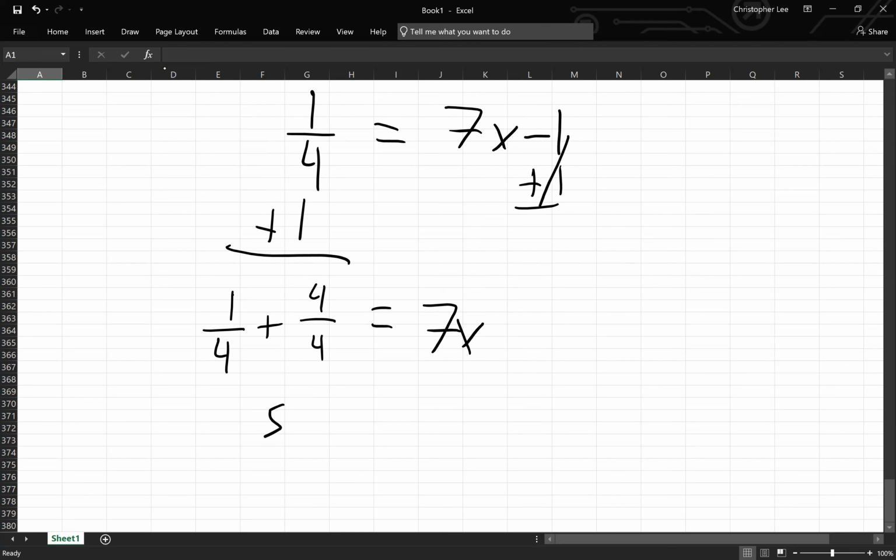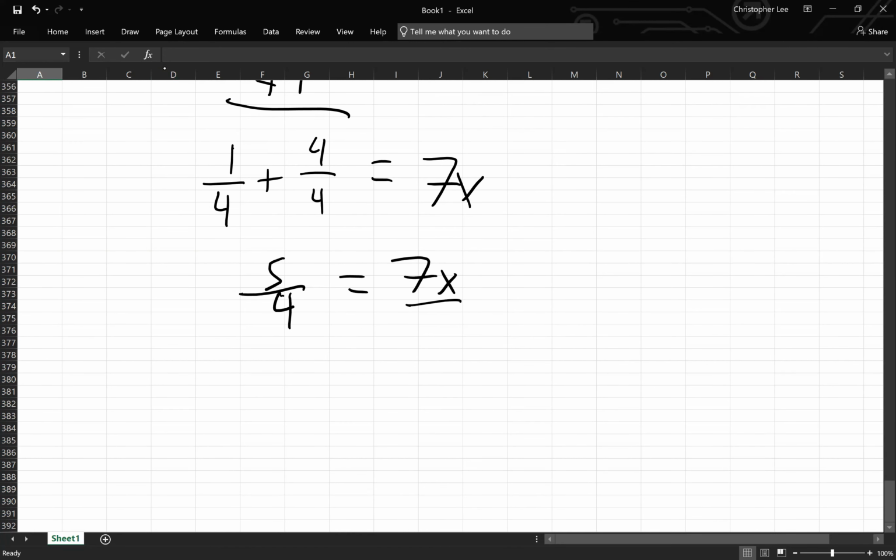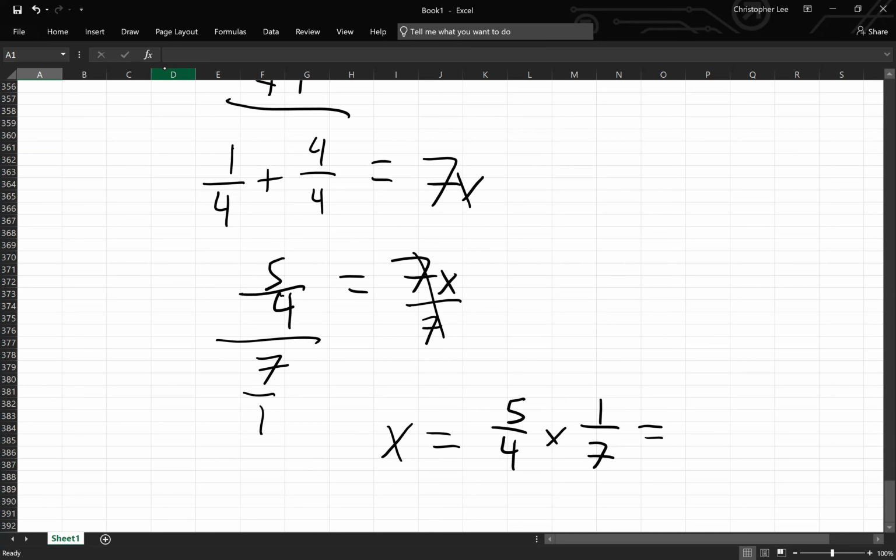Add this up, this should be 5/4 is equal to 7x. And then divide by 7. So x is equal to, what's this? 5/4 times 1/7 is equal to 5/28.